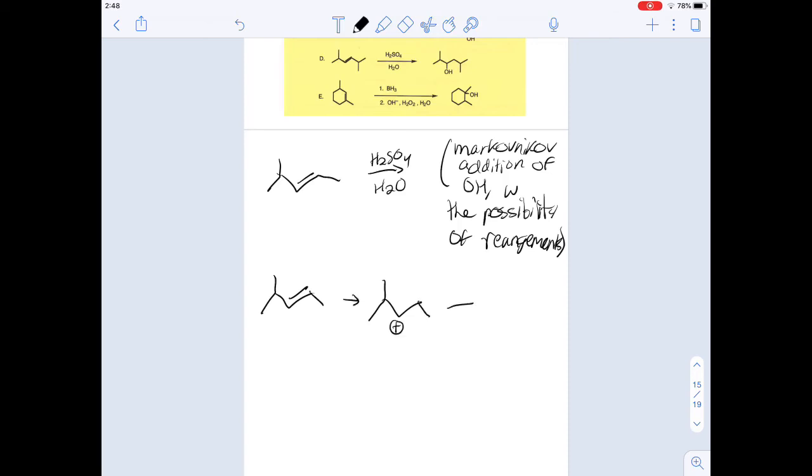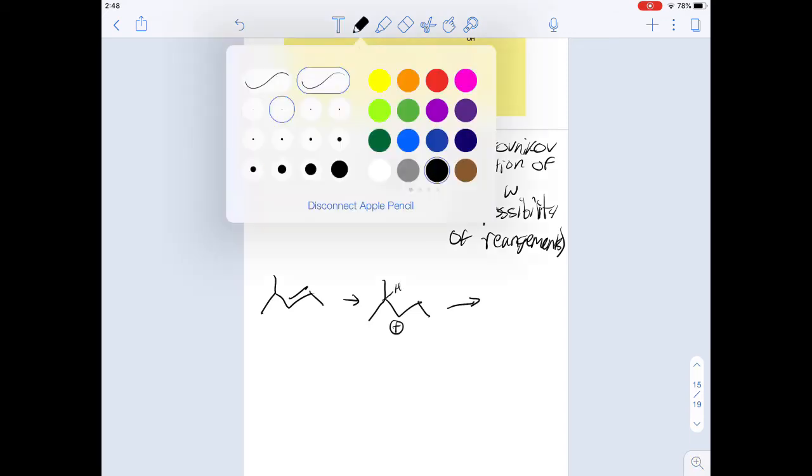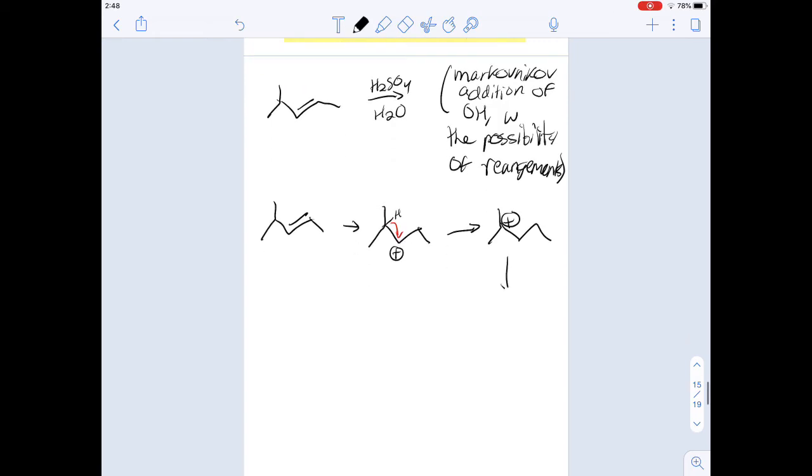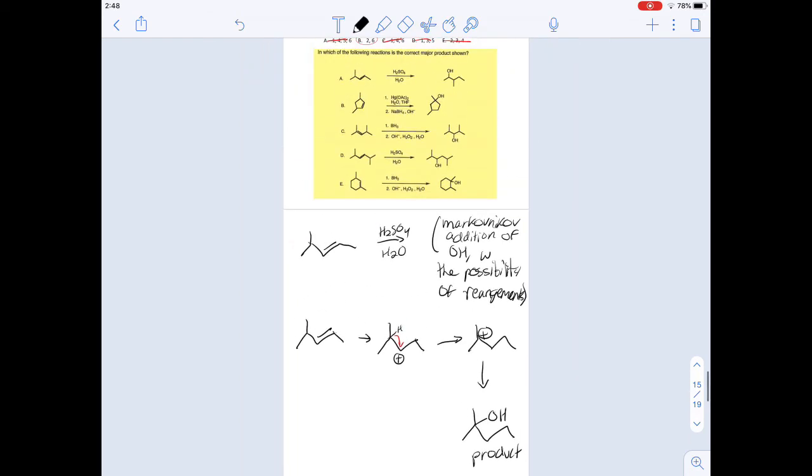So your intermediate is going to be like this. And then you're going to have a shift of a hydrogen. So your next step is going to look like this. And then your OH is going to add to the carbocation. This will be your major product for that one.